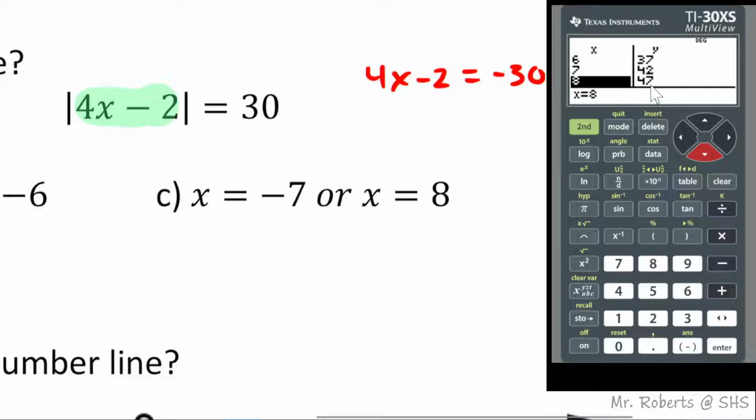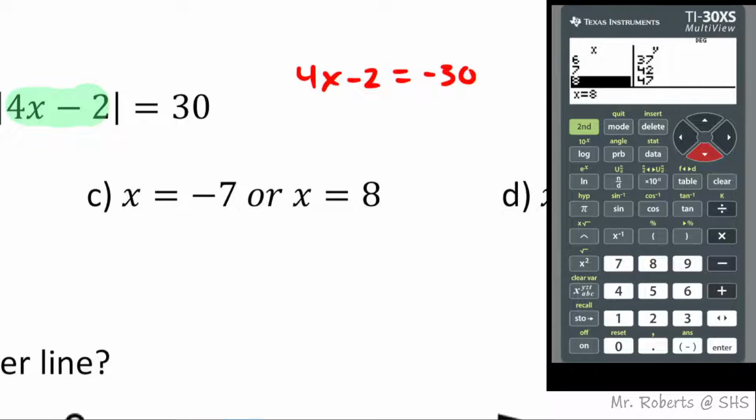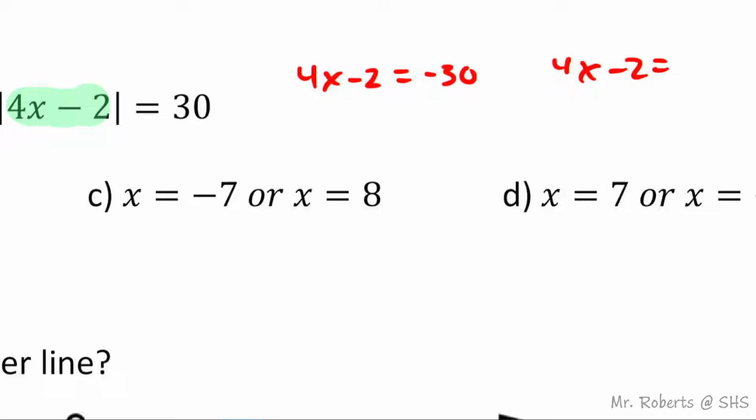So think about the reasoning here. When I take the absolute value of negative 30, it would produce an answer of 30. If I took the absolute value of positive 30, it would also produce an answer of 30.